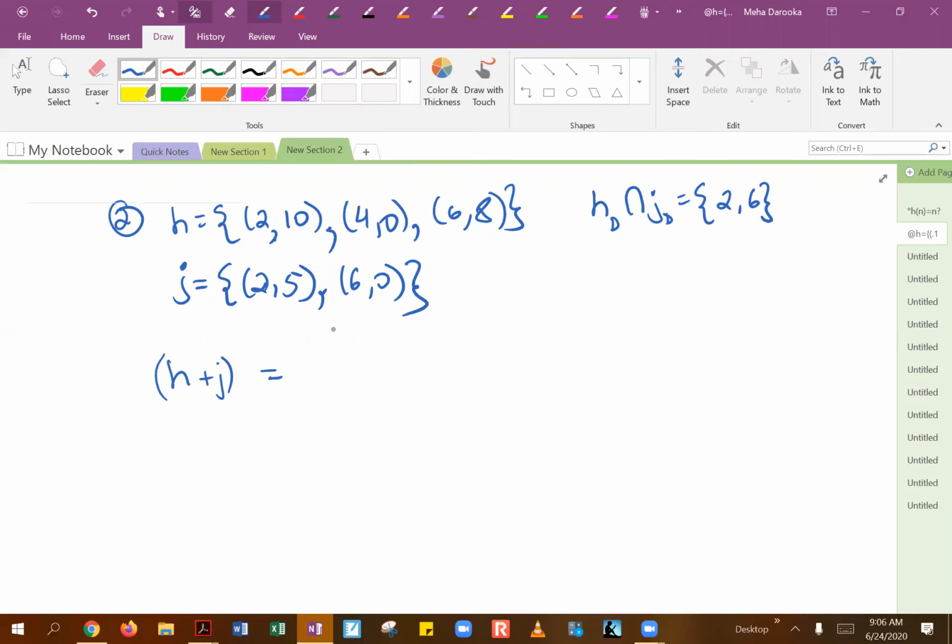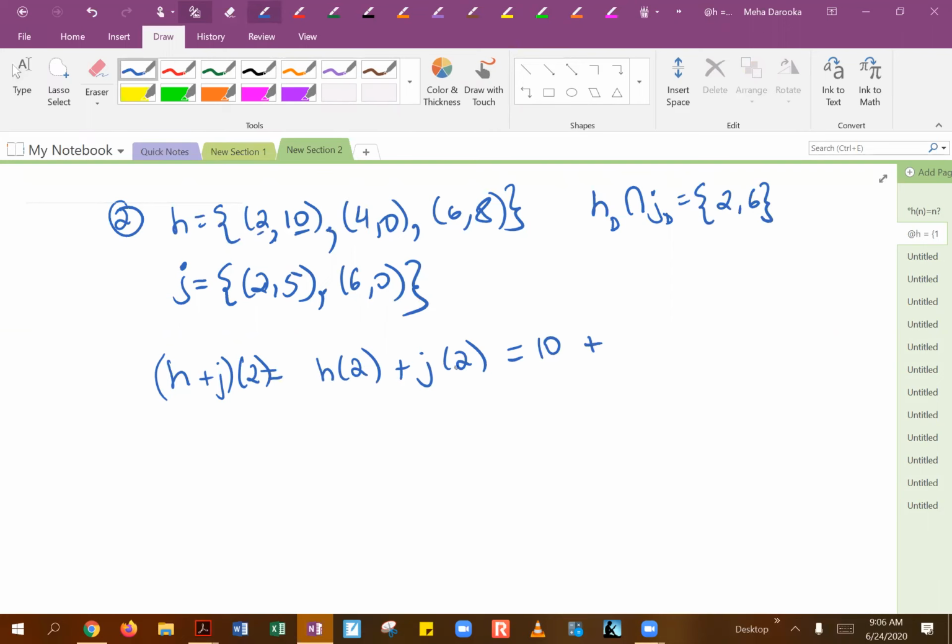So you would be taking h of 2 and adding it with j of 2. That would give us, of course, h of 2, which means you go to the h function, find the ordered pair where your x value is 2, which means your y value is going to be 10. So h of 2 is 10, right?